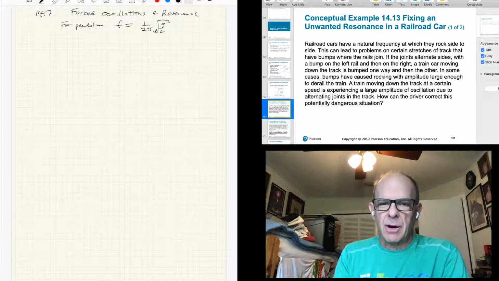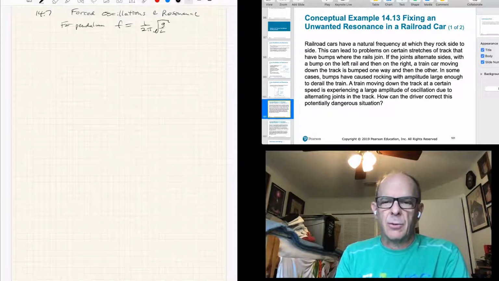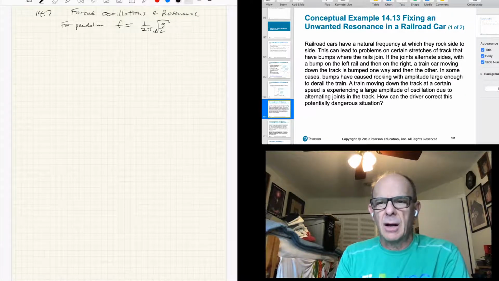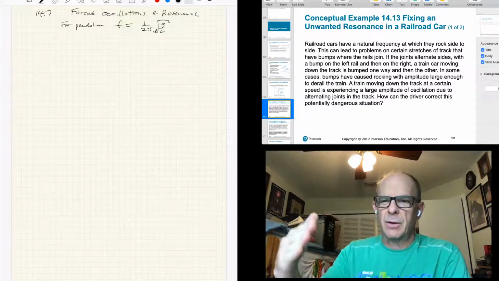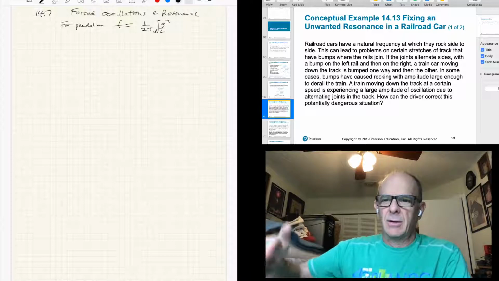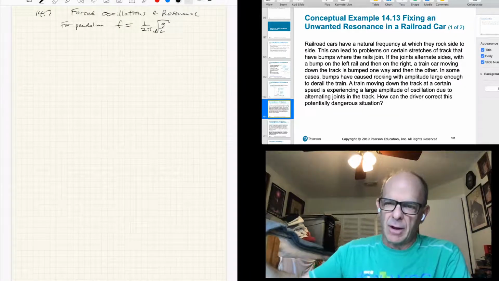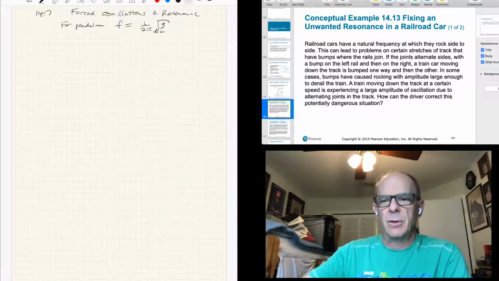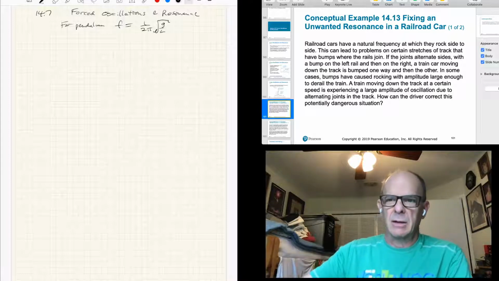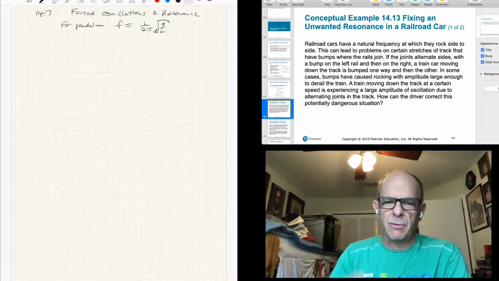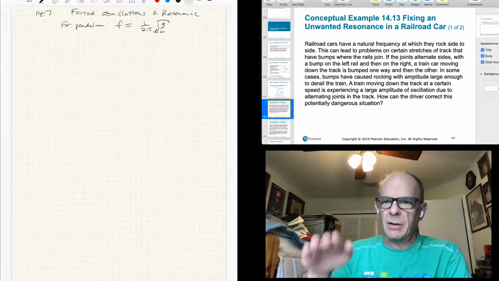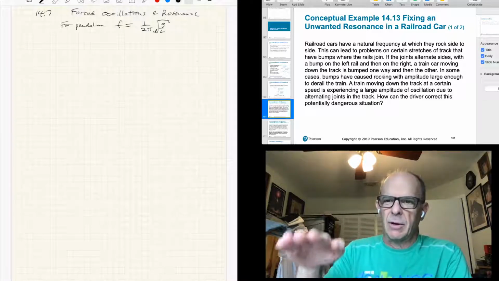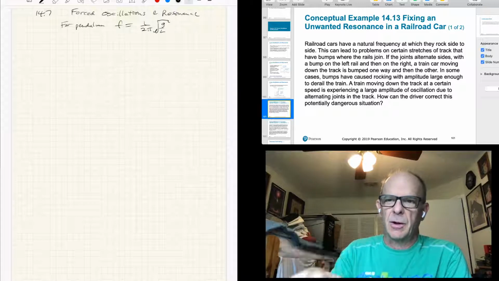So the conceptual examples here talk, the first one is you've probably had some experience with maybe driving over a dirt road where there are these sort of ridges and your car can be sort of shuddering or vibrating. And you may have noticed that if you change your speed, that can reduce the amount of shuddering in the car. And that's because if you're driving at a certain speed, hitting those bumps corresponds to a certain frequency.